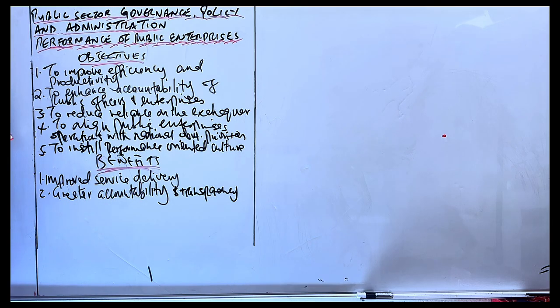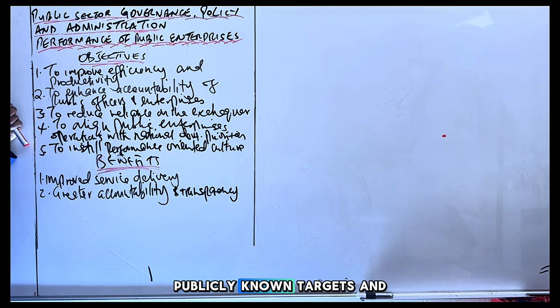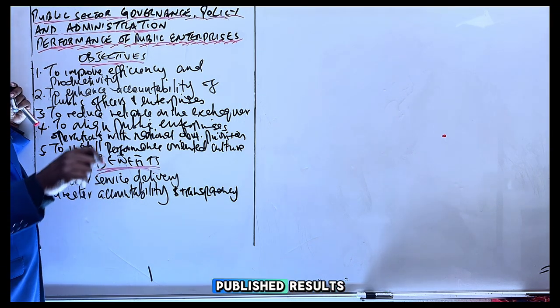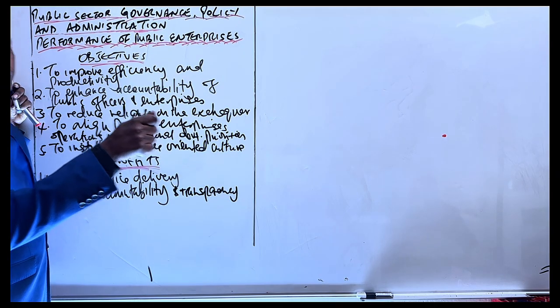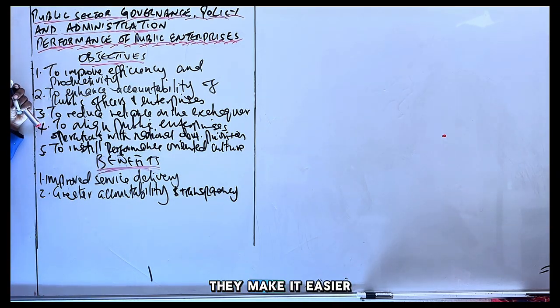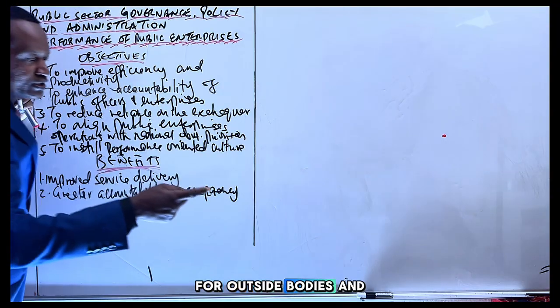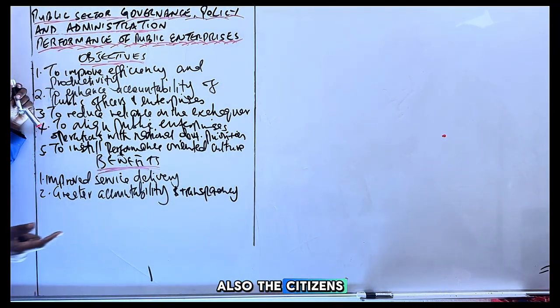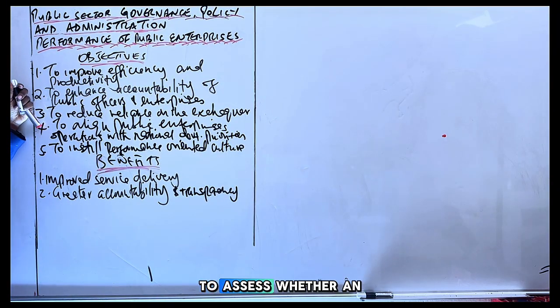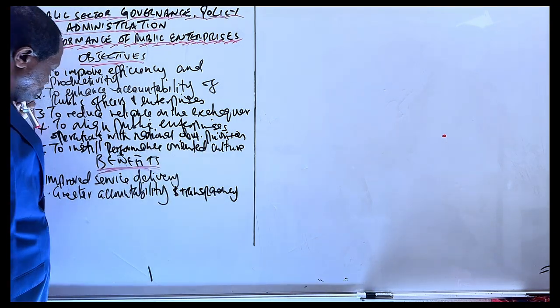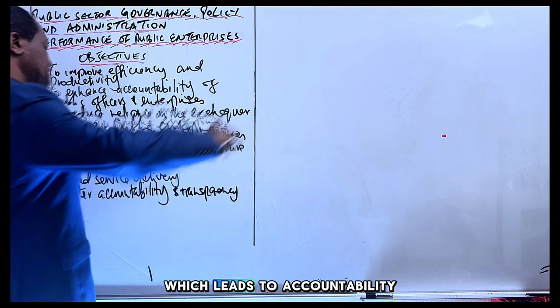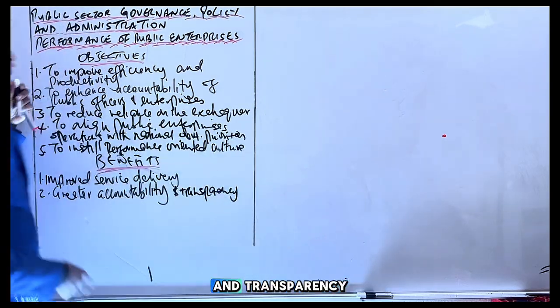Right? Because publicly known targets and published results make it easier for oversight bodies and also the citizens to assess whether an agency is performing or not, which leads to accountability and transparency.